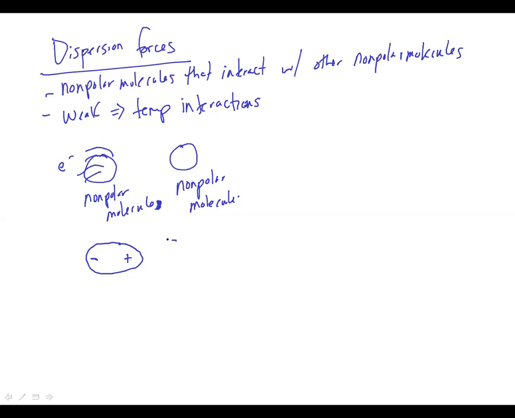And now what's going to happen is, if it's still next to this nonpolar molecule, this guy normally doesn't have a charge, but it gains a temporary charge. All the positive guys in this molecule are not going to be near those positive guys here. So our positive guys in this guy will then go that way.